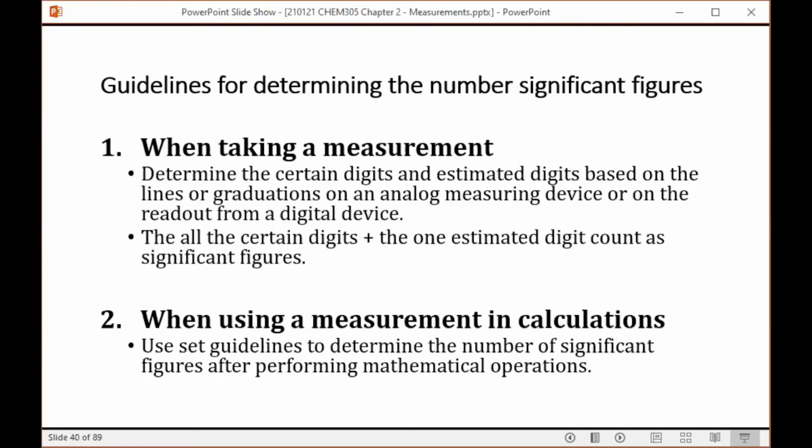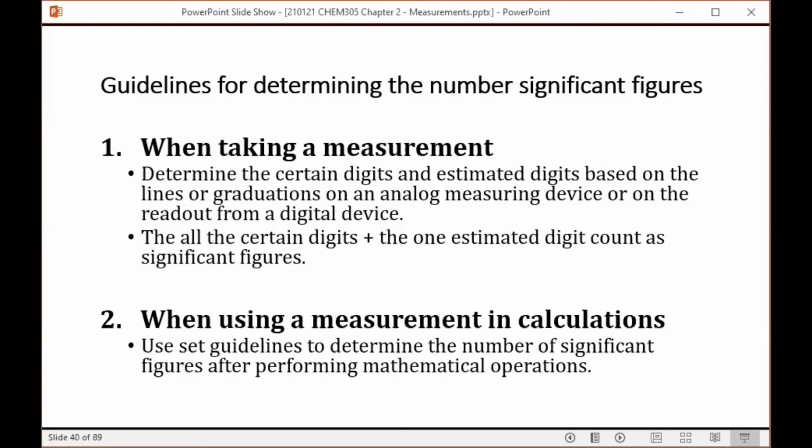And because your number had sig figs, it had some uncertainty with it, we have to keep track of the number of sig figs throughout the course of the mathematical operations to know how many digits we can include with our final answer, so that the final answer reflects the amount of certainty that we had at the beginning of our calculation.